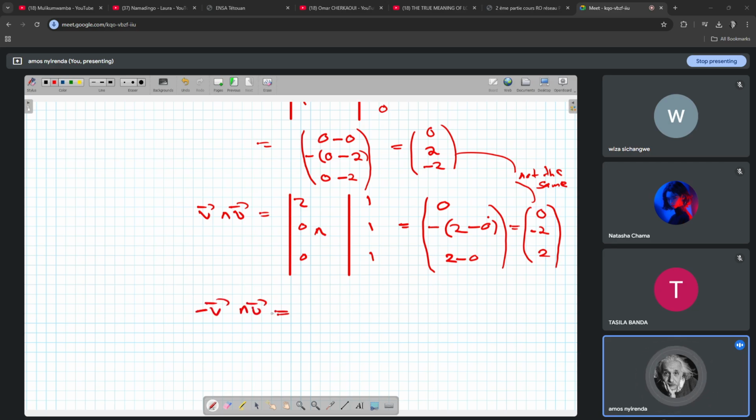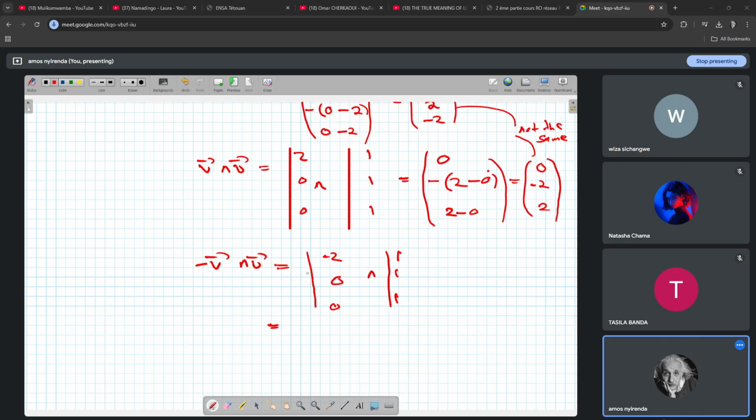Normalement, it's supposed to give me the same thing. What are the components of minus v? I'm going to put minus 2, and then 0 and 0, because minus 0 and 0 are the same thing in this case. Vectoriel, and the components of u are 1, 1, 1.